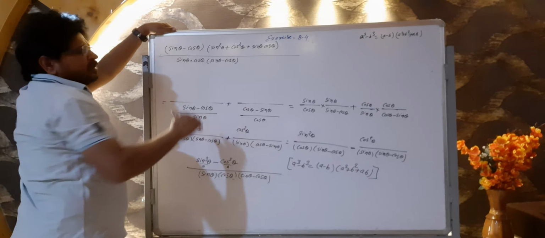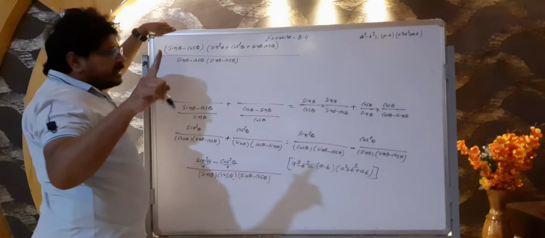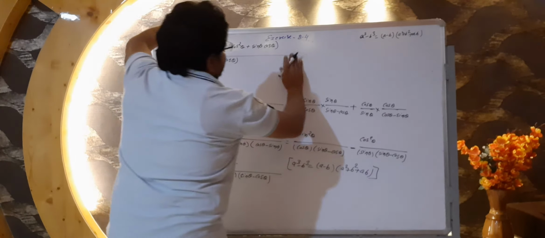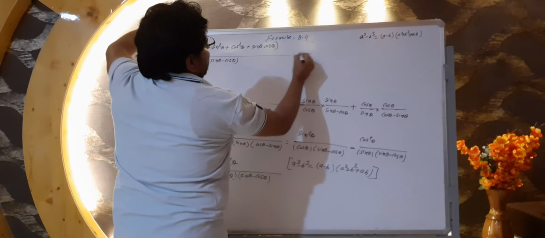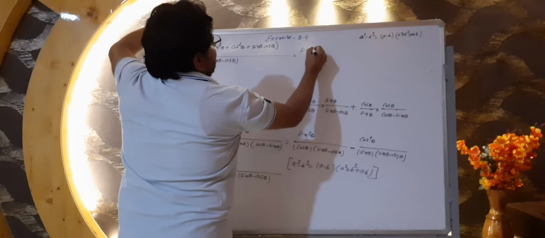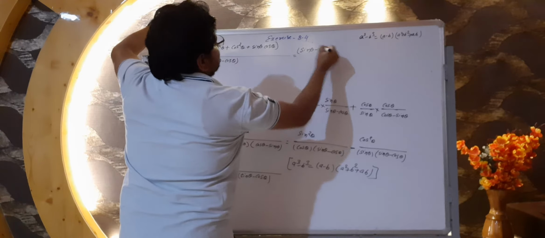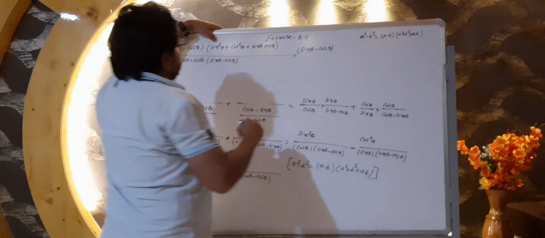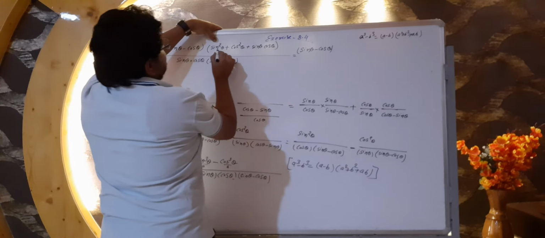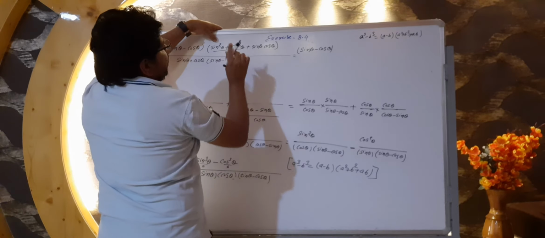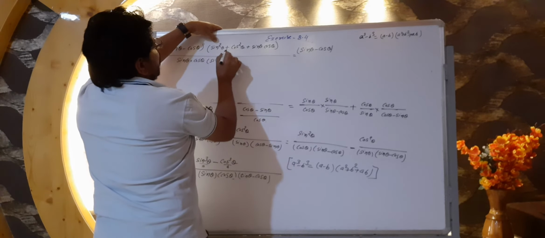Now you know that we know one more identity: sin square theta plus cos square theta is equal to 1. So can we apply here? Yes, we can apply. Let's try. Sin theta minus cos theta, this you have to write same to same. And here sin square theta plus cos square theta is 1.